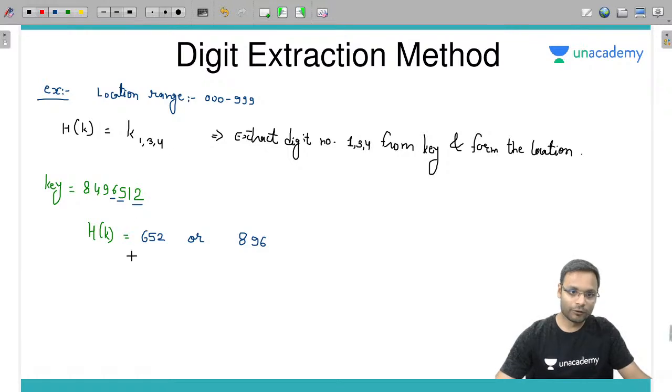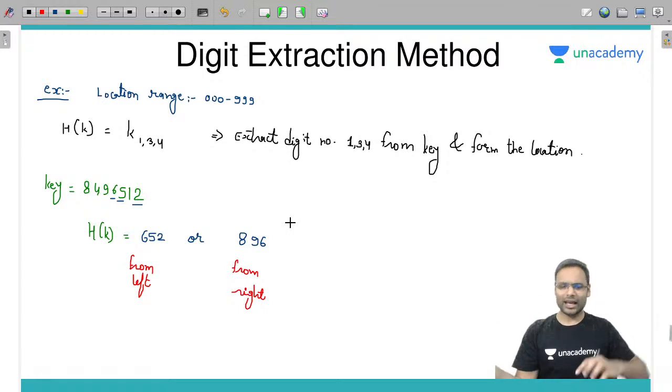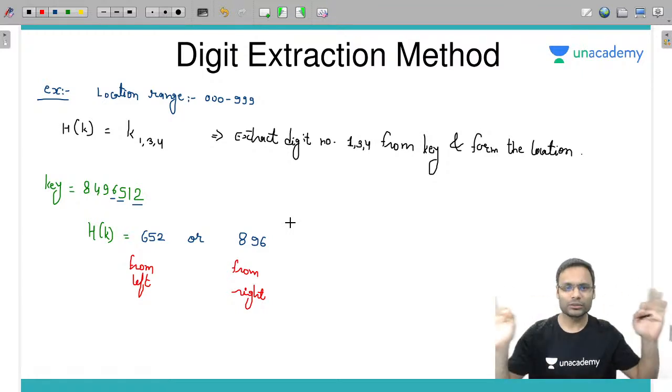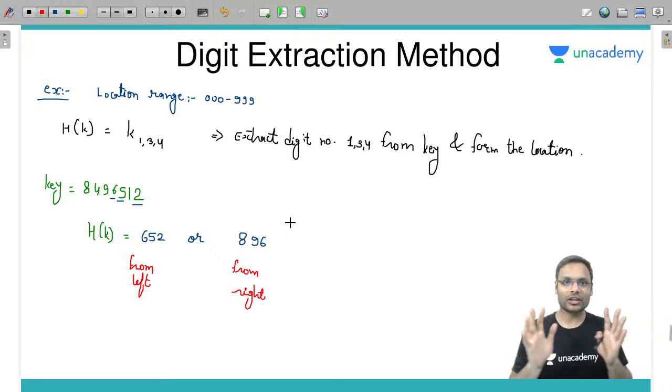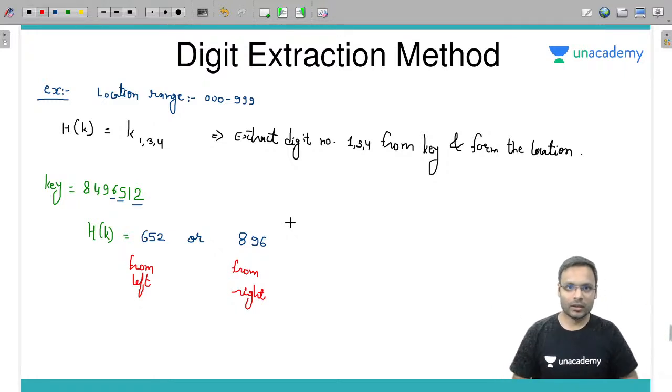This is from left, this is from right. I have taken from right, I have taken from left also. Both are fine. There is no issue in that. Digit extraction method, ladies and gentlemen, in front of you. Hope you are understanding this. Can you acknowledge that till now everything is clear?